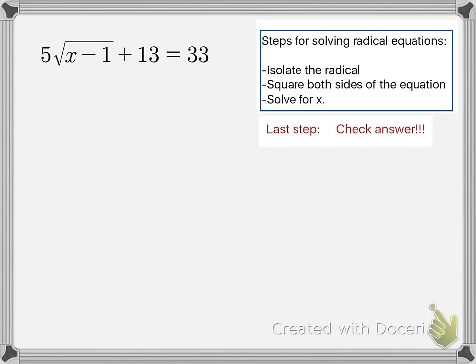What you'd want to do here, you'd still want to isolate your radical, and so you notice that you have two things you got to get rid of. You got to get rid of this 13, you got to get rid of this 5. What you want to do is get rid of addition and subtraction first. So, first step, subtract 13.